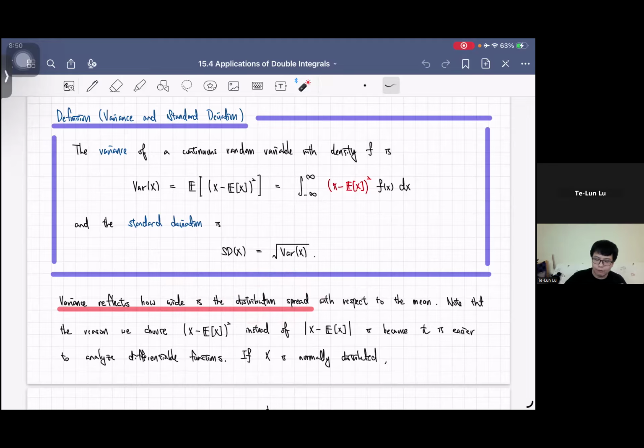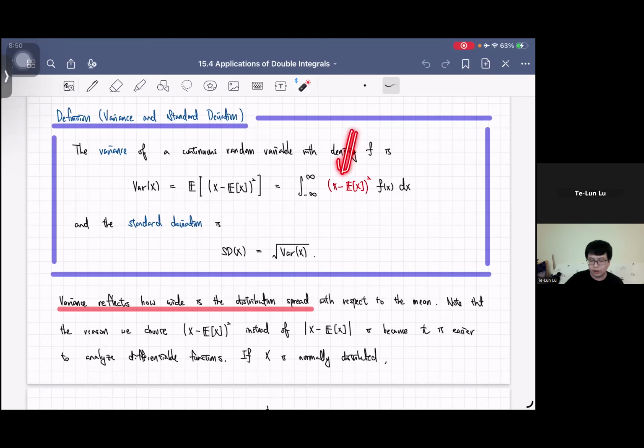So we want to see how far away x is from the mean, EX. And I would say a more intuitive idea will be we evaluate this guy, right? The actual distance of x minus EX instead of squared. The reason we choose squared is because it is better to integrate and it is better to analyze. It is not, in general, really convenient to analyze an absolute value function.